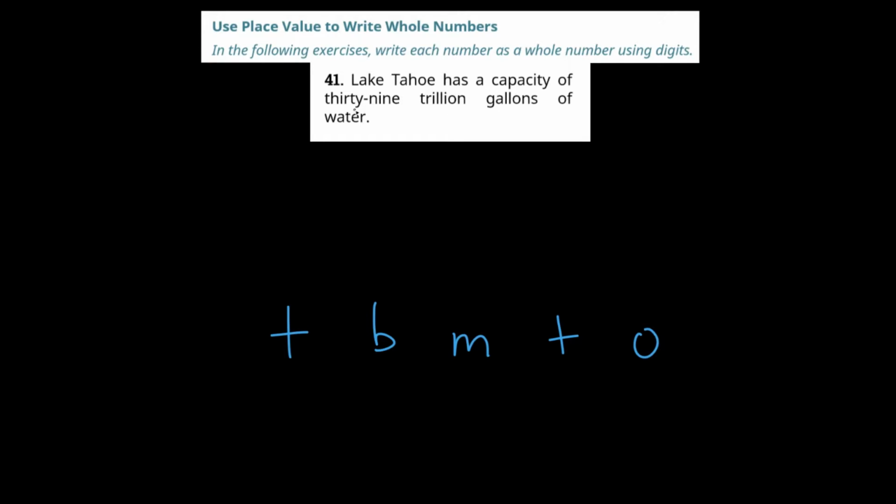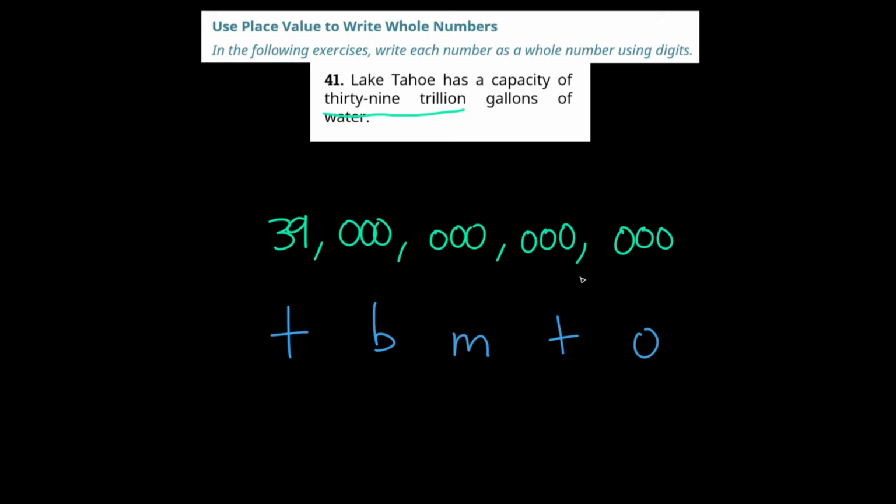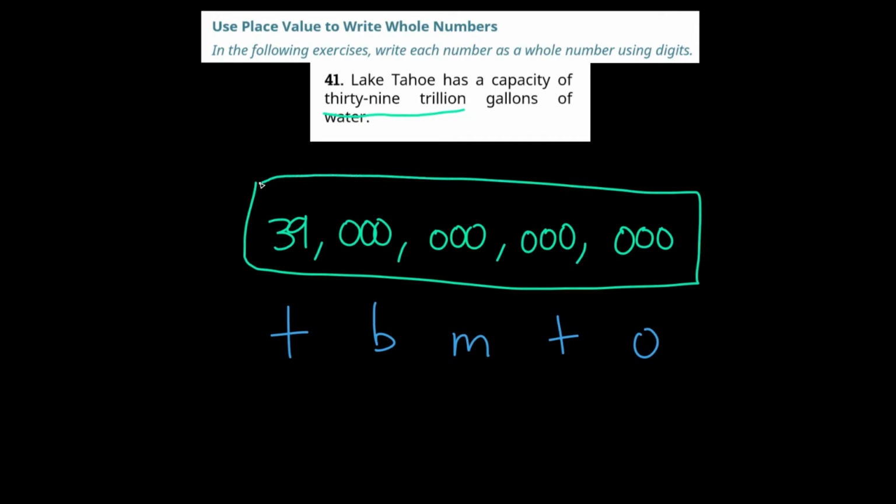It says 39 trillion gallons of water. They don't mention any other period, so we need placeholders. We have no billions, no millions, no thousands, and no ones. So 39 trillion looks like this using digits.